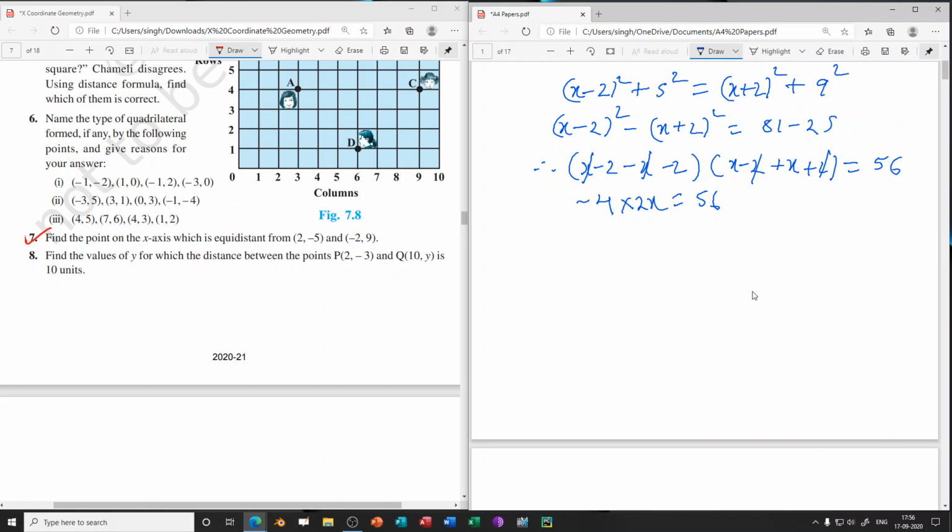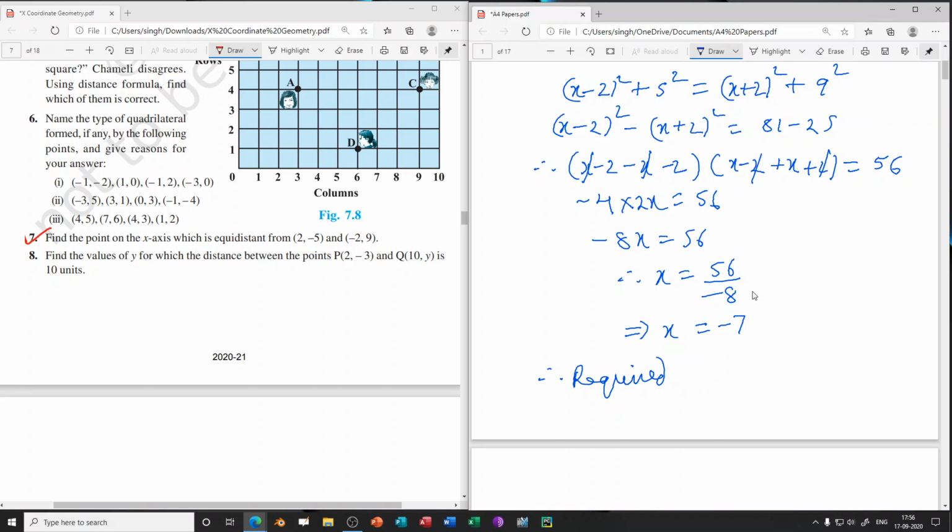On solving, minus 8x equals 56. Therefore x equals 56 divided by minus 8, which implies x equals minus 7, because 7 into 8 is 56.